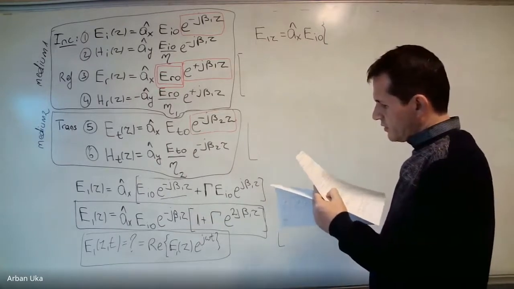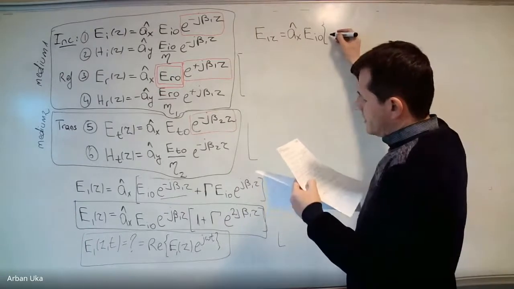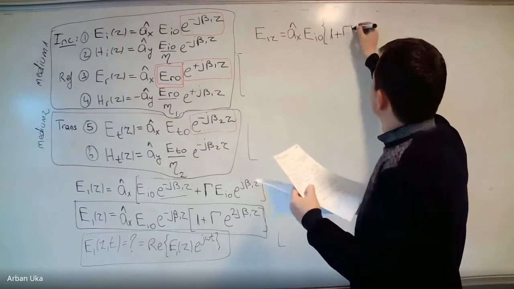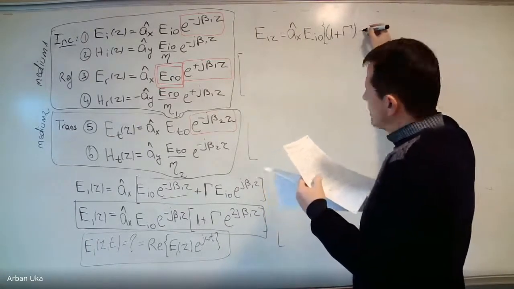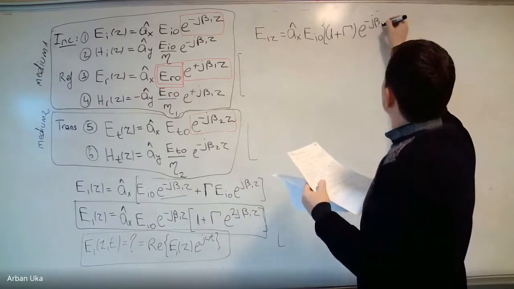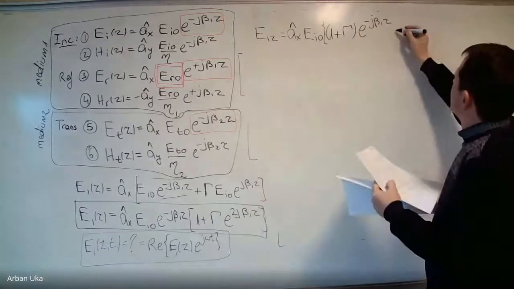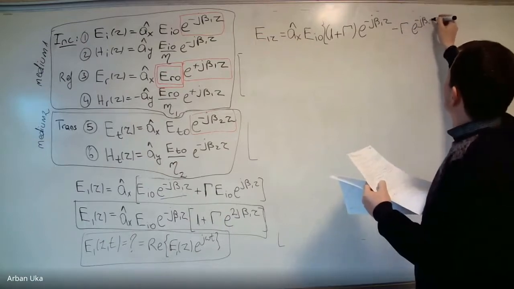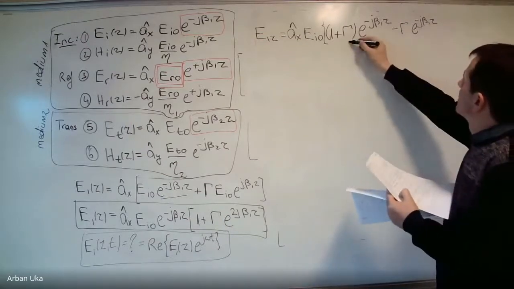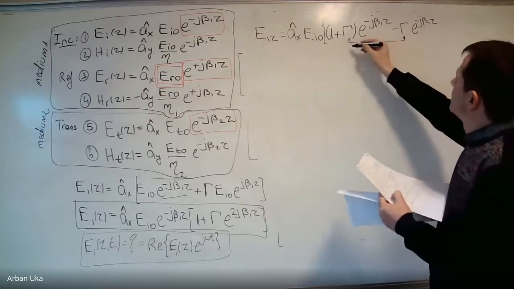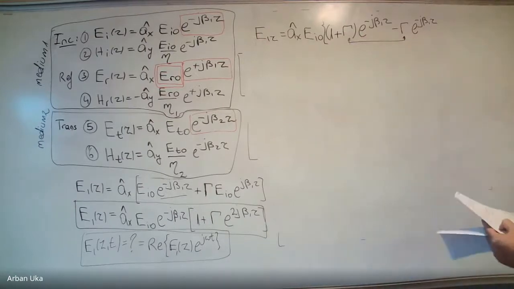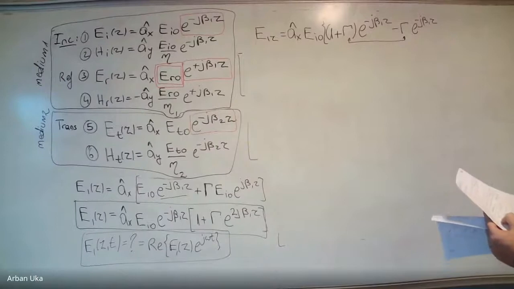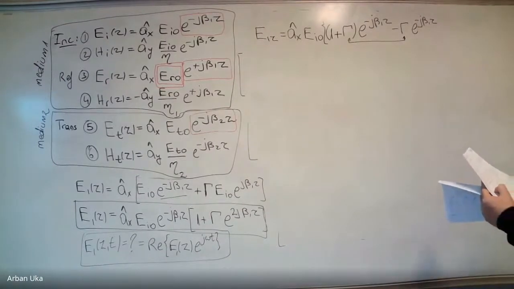We can do the following. We can factor out 1 plus the reflection term, e to the power minus j beta 1 z, minus the same term, e to the power minus j beta 1 z, which means that this one is going to cancel this term, okay?